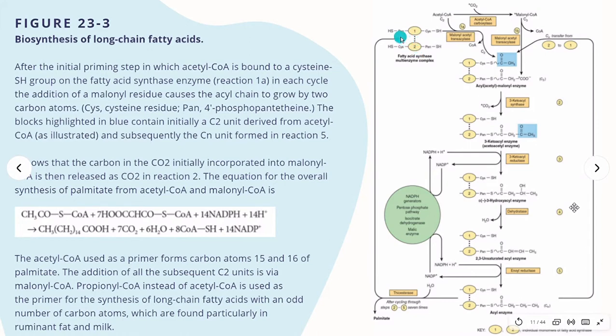The cysteine is there also for this particular polypeptide chain, and the other polypeptide chain is also this. So they are inverted. Look at this. The pantothenic acid is in here, the cysteine is here, and the cysteine is here on the other one. That is the fatty acid multi-enzyme complex.